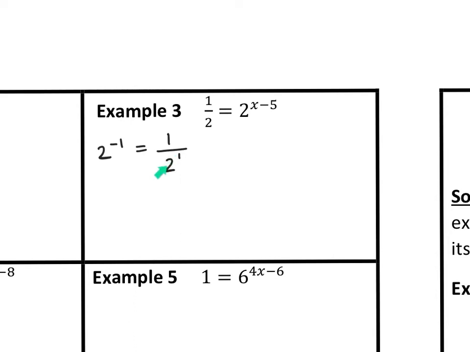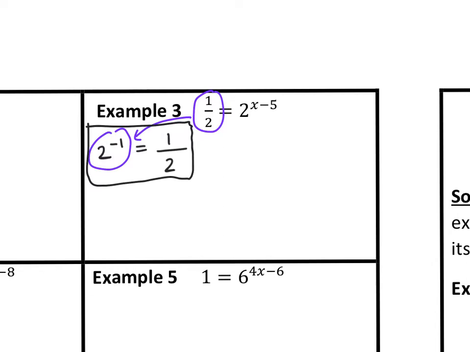So instead of writing 2 to the 1, I'm just going to write it as 2. So I have a substitution here. I can say that this can be rewritten as this. So if I make that substitution, let me box this out so it's not confusing, but this is a rule from the last test.